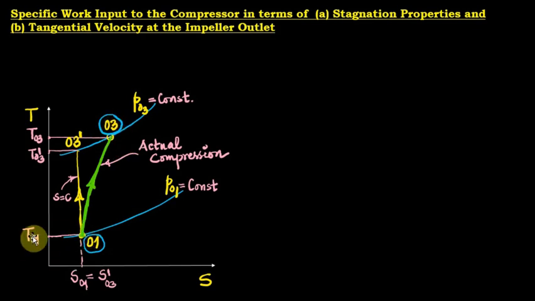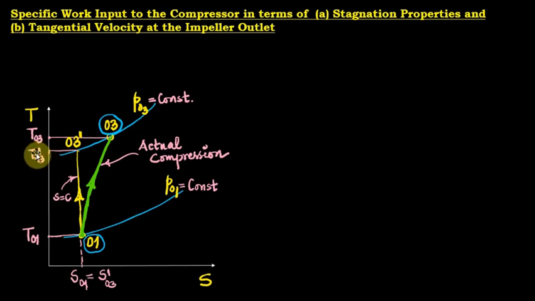The temperature correspondingly is T01 at the inlet, or at the starting point, and had the process been isentropic, the temperature would have been T03 dash, and in actual practice it is T03, which is greater than T03 dash.